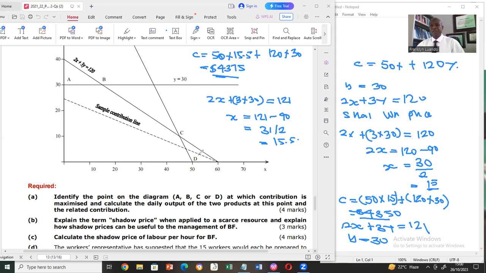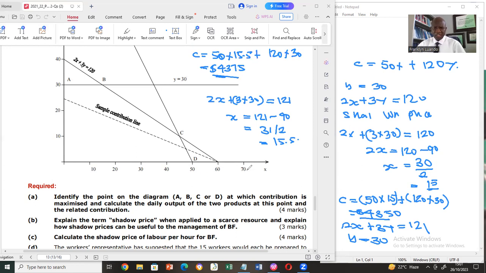Now remember what we said. We said shadow price is the increase in contribution when 1 unit of a scarce resource is made available, in this case 1 unit of labor.